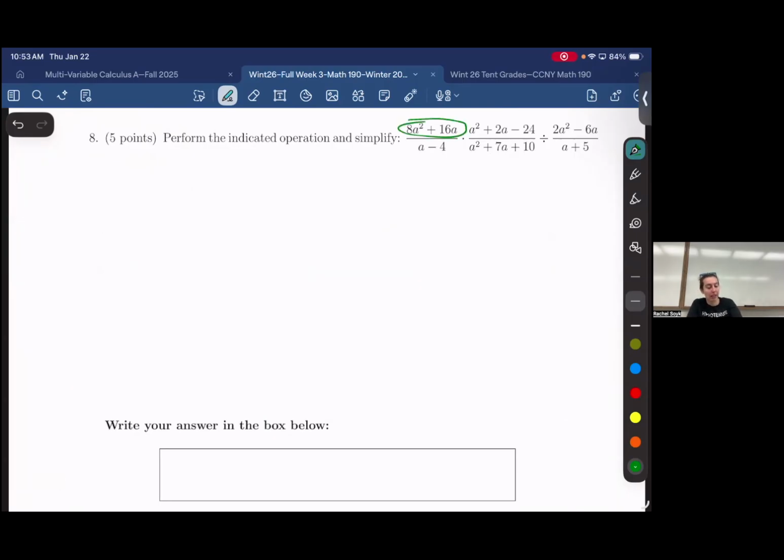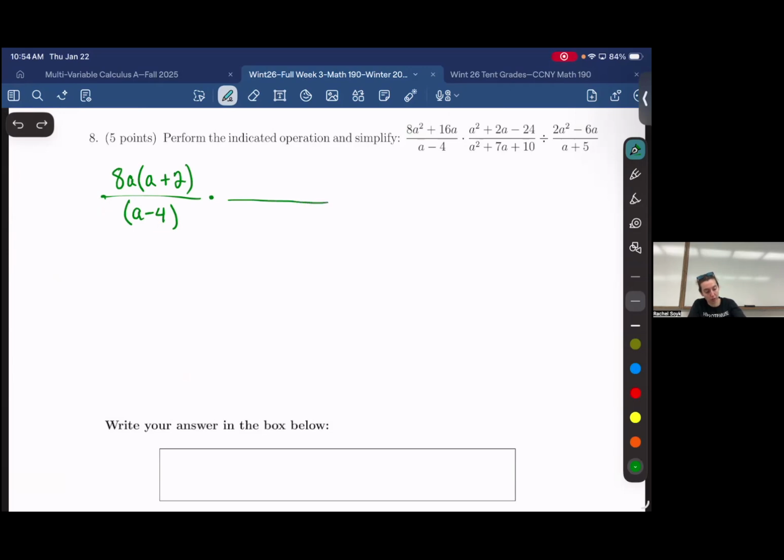So with our 8a squared plus 16a, what can we factor out? Yeah, and then we're left with the denominator, which we'll keep as is. This is being multiplied by, now a squared plus 2a minus 24.